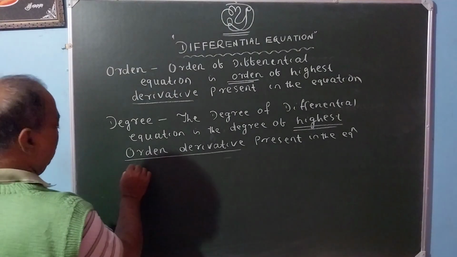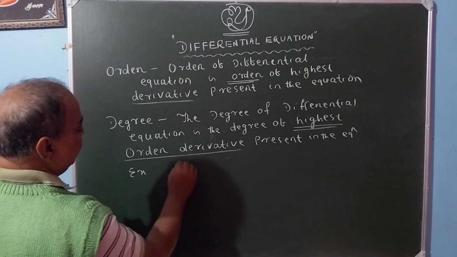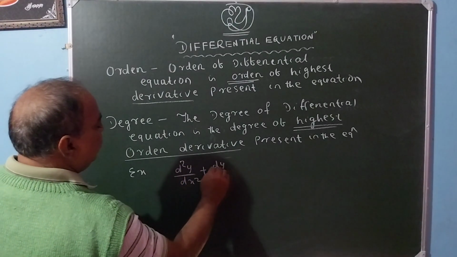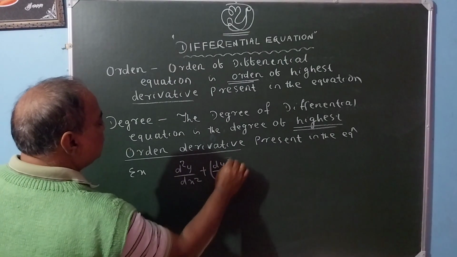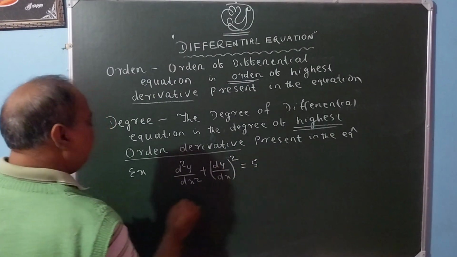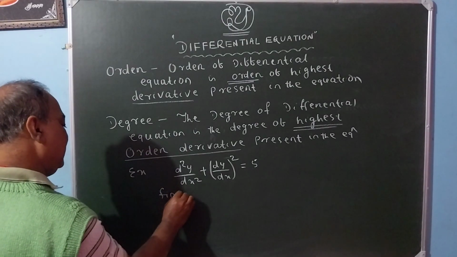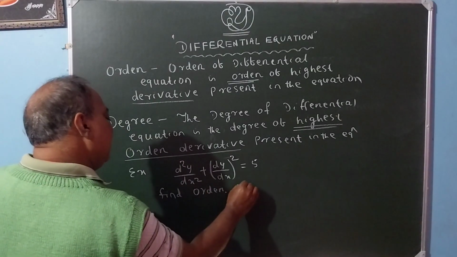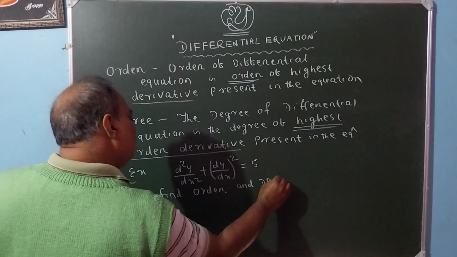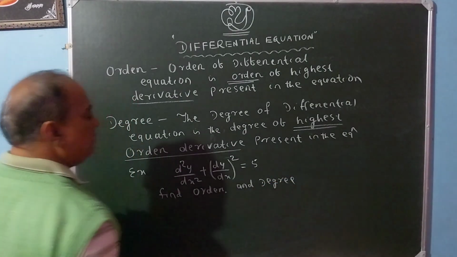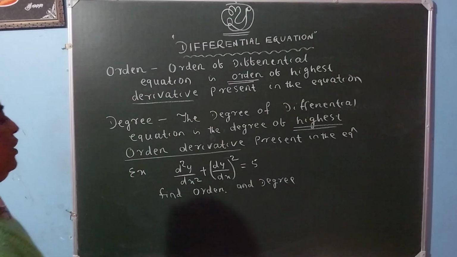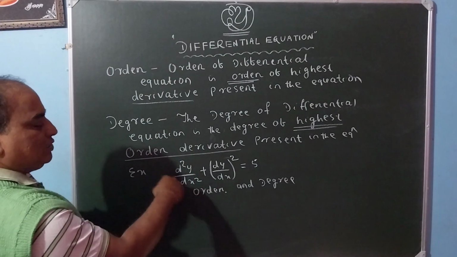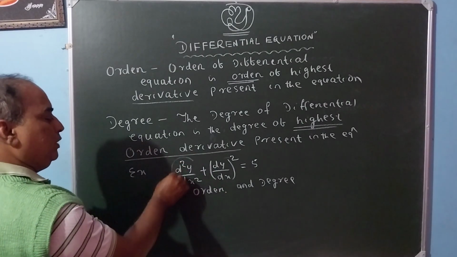Let us take one example. d square y by dx square plus (dy by dx) whole square is equal to 5. Find order and degree. Here the highest derivative is 2, d square y by dx square.